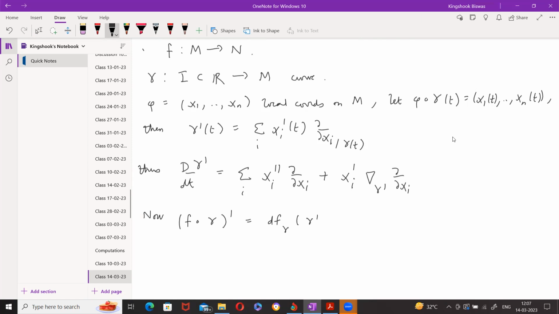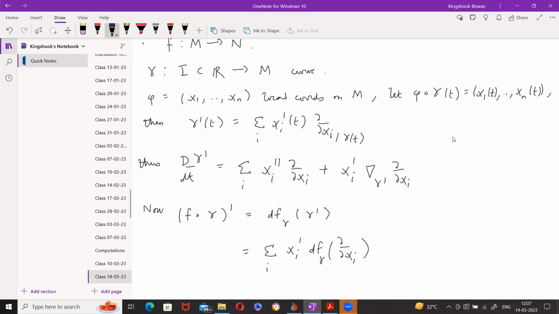Now df applied to gamma prime, by linearity, will be the sum over i of xi prime df at gamma of del del xi, right?